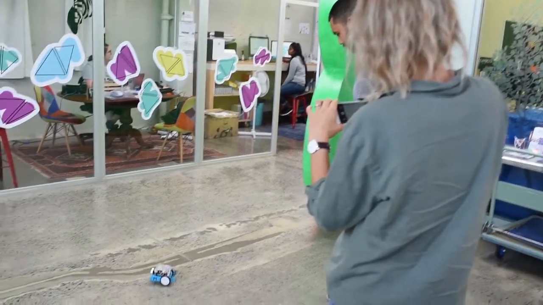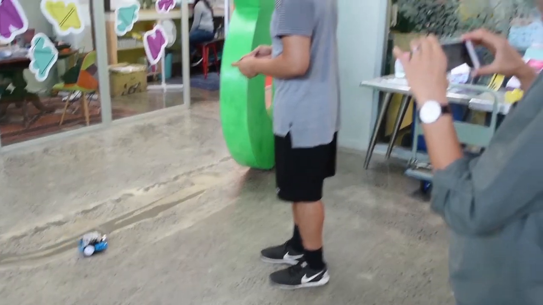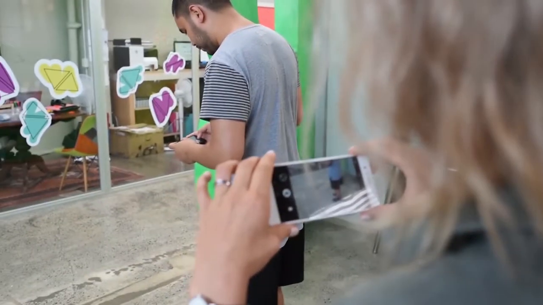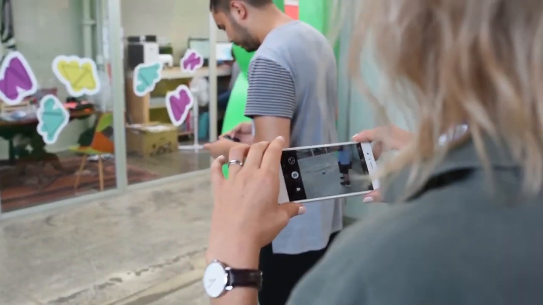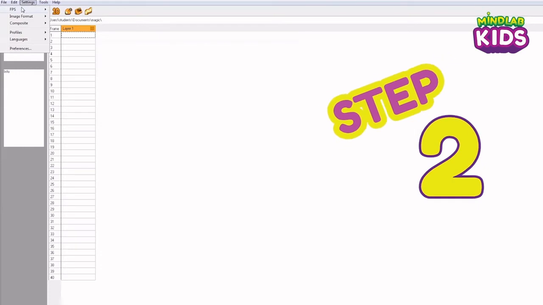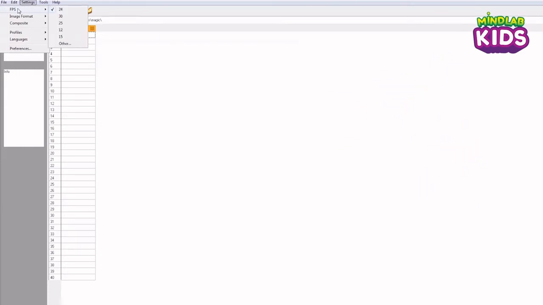Videos actually work the same way as photos. When we take a film on our phone or camera, the video function is actually taking multiple photos, and when we play them together, it shows motion. The frame rate of a video actually determines how many photos we take in a second. So if we have a frame rate of 30 frames per second, then it means our camera is actually taking 30 photos per second.